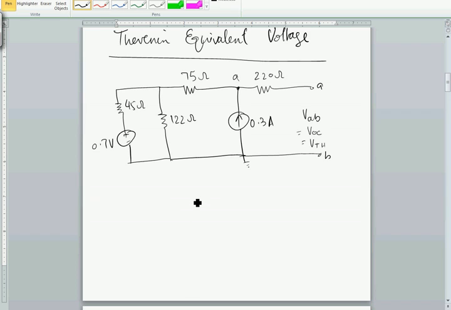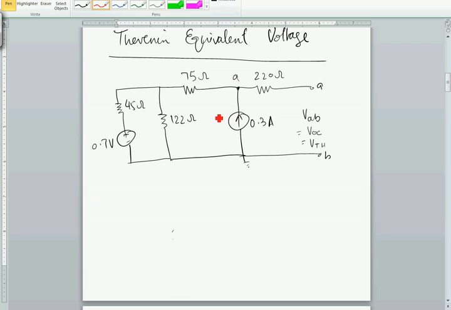If we use mesh analysis, then we already know the current in this mesh is 0.3 ampere, as this current source is in the exterior branch of the loop. So we will have only one loop. If we go for nodal analysis, then we have this node and this node, so you will have to write two equations. So I think it will be better if we just go with mesh analysis.